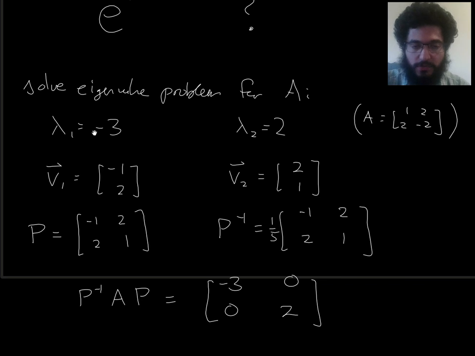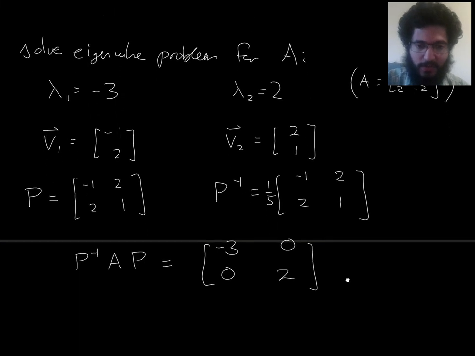Here I've chosen for my first eigenvalue negative 3 and the second one 2. In order to keep everything consistent and check my work properly, I need to set up my change of basis matrix P in the same order. So the first column is the eigenvector corresponding to the first eigenvalue, and the second column is the eigenvector corresponding to the second eigenvalue.